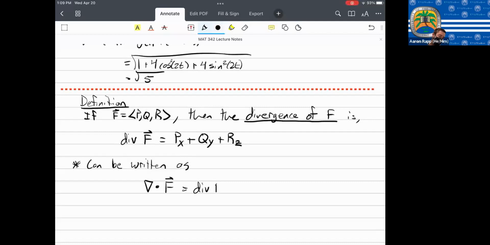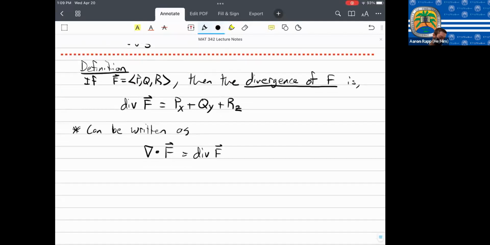This is going to be the same thing as just seeing divergence div of F. Where when we saw gradients before, all we were doing was taking the partial with respect to each dimension. So partial with respect to X, partial with respect to Y, and partial with respect to Z.